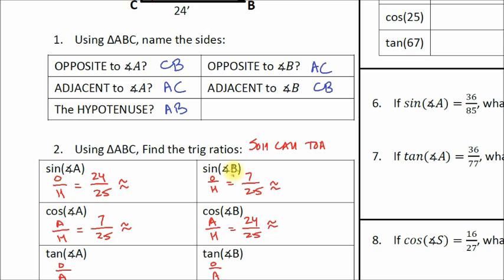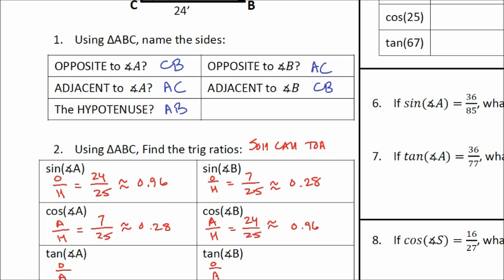And if you know that sine of angle B is 7 over 25, if I asked you what cosine of angle A was, you'd know it's the same thing. Sine of one reference angle will always equal the cosine of the other reference angle. And 24 divided by 25, put that in your calculator, you're going to get 0.96. And 7 divided by 25, you're going to get 0.28.